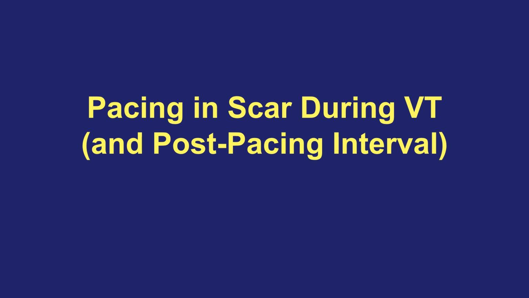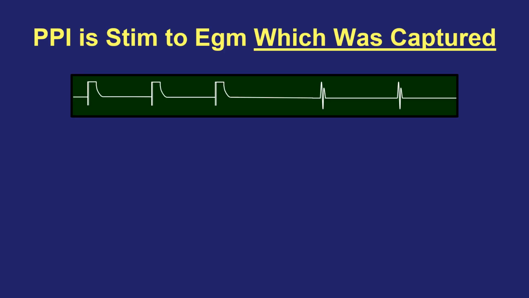All right, let's talk about the post-pacing interval, incorporating these concepts of pacing in scar, capturing electrograms, and the post-pacing interval so that we know how to make that measurement. Here's a cartoon of pacing and then stopping pacing, and we're going to talk about how to make that post-pacing interval measurement.